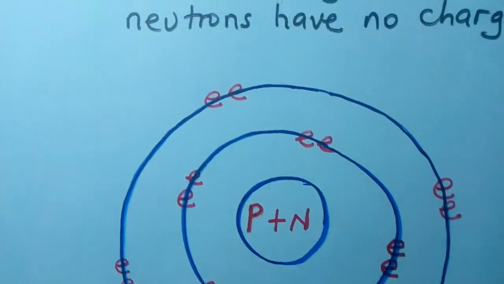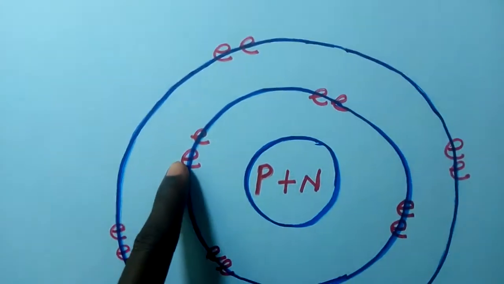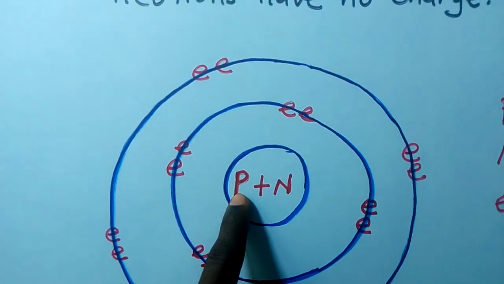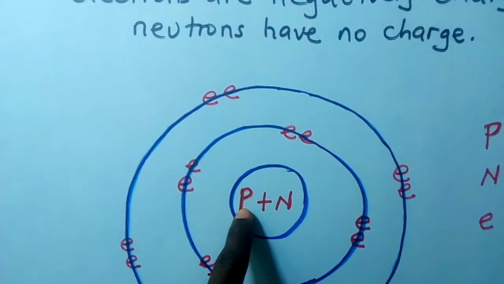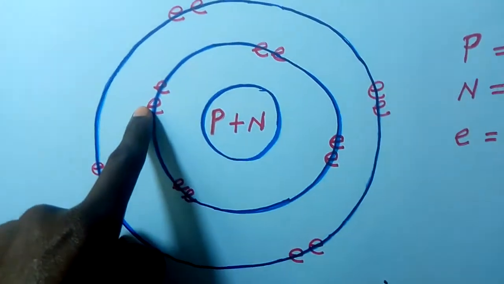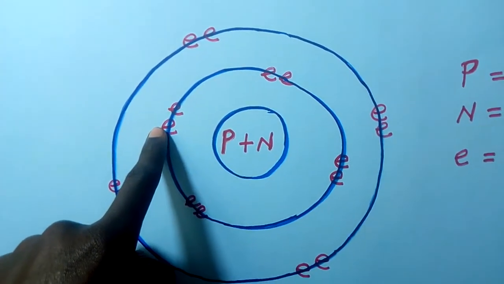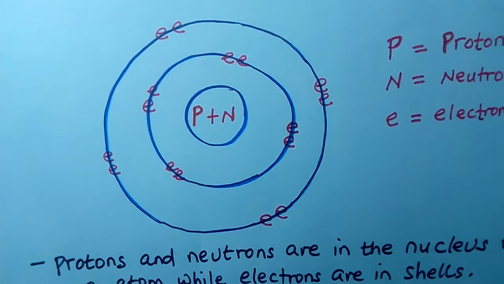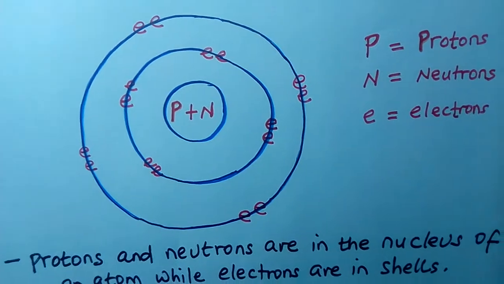Electrons are negatively charged. Protons are positively charged. So the number of positive charges in an atom must balance with the number of negative charges, which means an atom is electrically neutral. Electrically neutral means the number of charges, positives and negatives, must be the same.